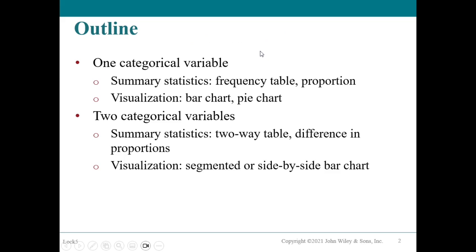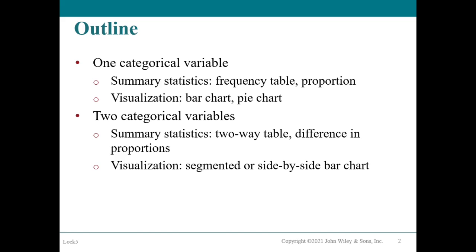In this section, we need to talk about two types: one categorical variable and two categorical variables. Those are two different ways that we need to treat these categorical variables.